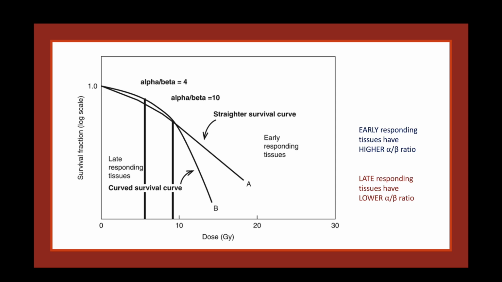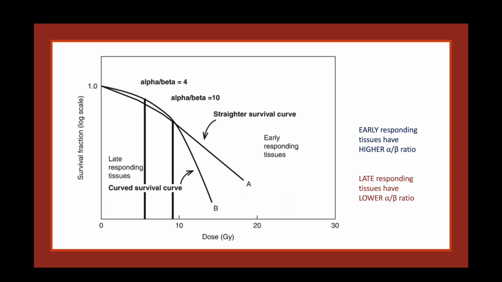And so whenever we're looking at the cell survival curve for two different tissues with two different alpha-beta ratios, we see that for a tissue with a higher alpha-beta ratio, so take alpha-beta ratio of 10, and that corresponds to curve A in this picture, the alpha component is going to predominate. So it's going to be more linear looking. And as you can see, the survival curve for the higher alpha-beta ratio tissue is straighter. It's a straighter survival curve.